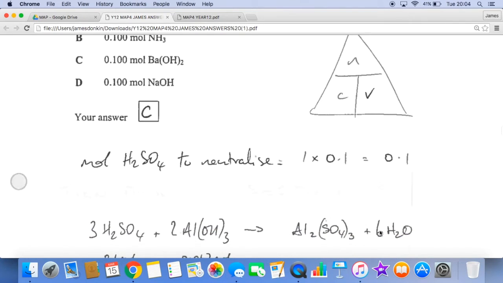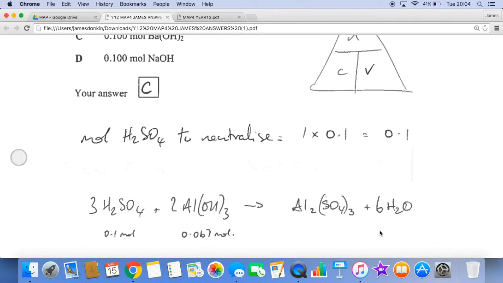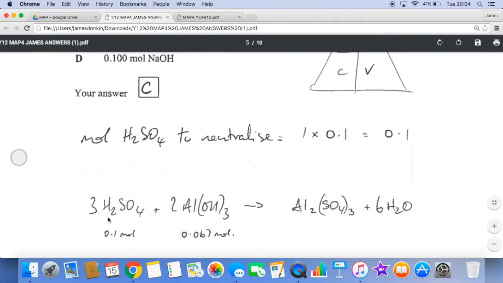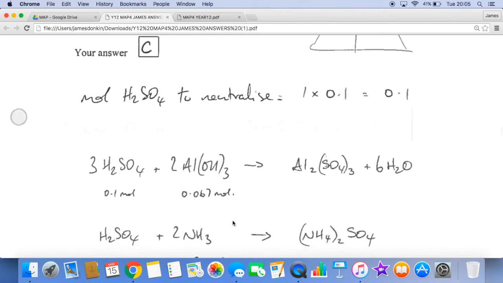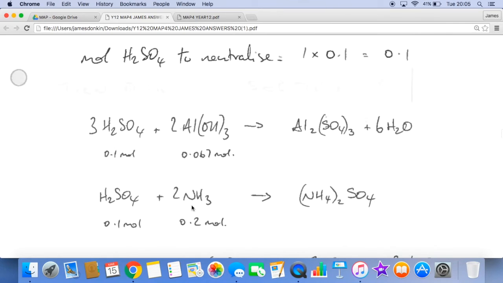So, which is the right answer? There's the first equation. Sulfuric acid reacts with aluminium hydroxide in a 3 to 2 ratio. And so to neutralize 0.1 moles of sulfuric acid, you'd need that many moles of aluminium hydroxide. For the sulfuric acid ammonia combination, you've got that many moles because of the 1:2 ratio.